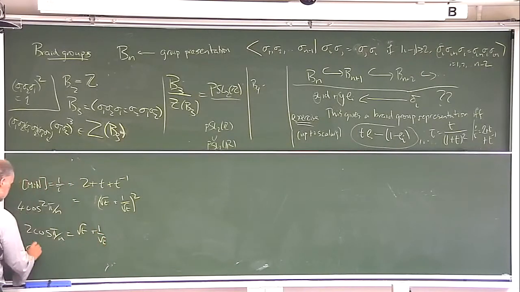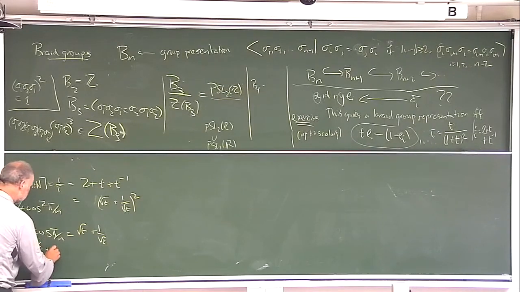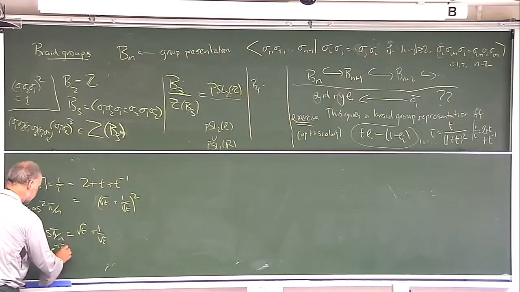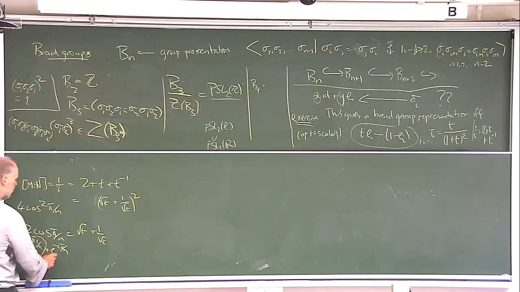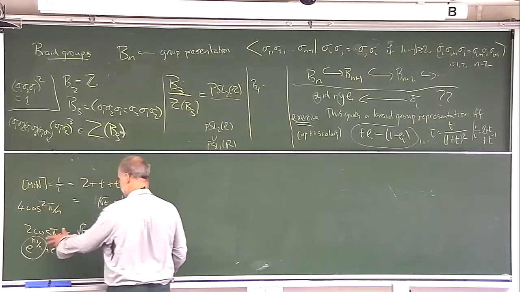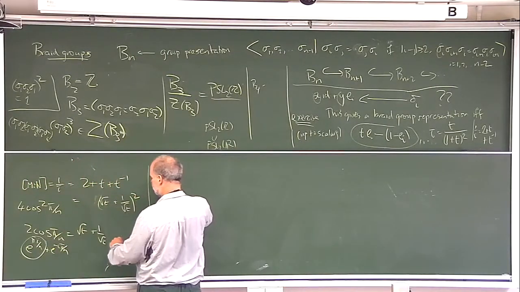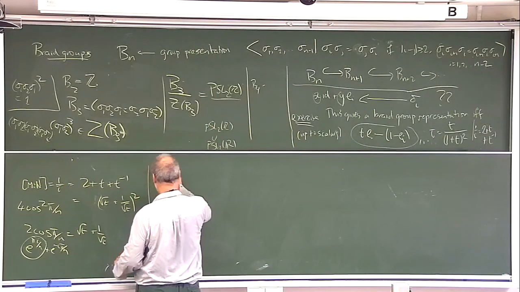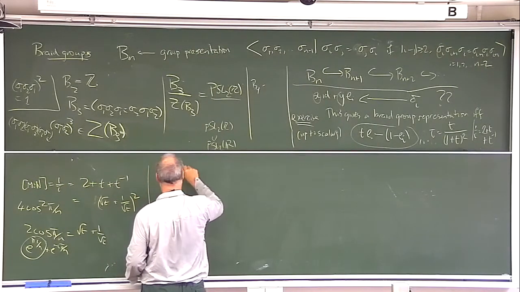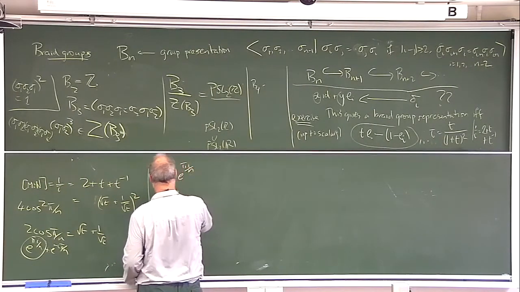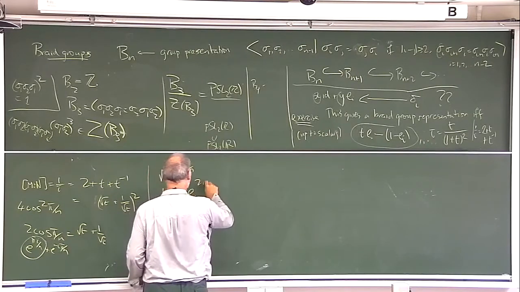And this, of course, is e to the pi i over n plus e to the minus i pi over n. So the conclusion is basically, up to some trivial switches, that root t is e to the pi i over n. So t is e to the 2 pi i over n.